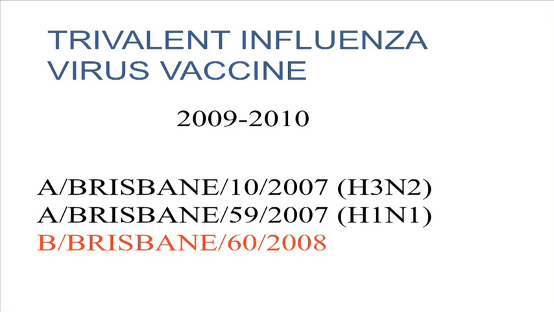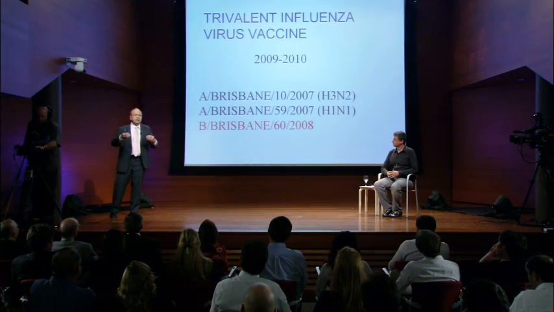And that means that the vaccines have to be changed as well. For the 2009-2010 season, we have a vaccine formulation now which is being produced by manufacturers, and there is actually a new influenza B virus strain. So for the season which will start in November of 2009-2010, this is the new vaccine formulation.